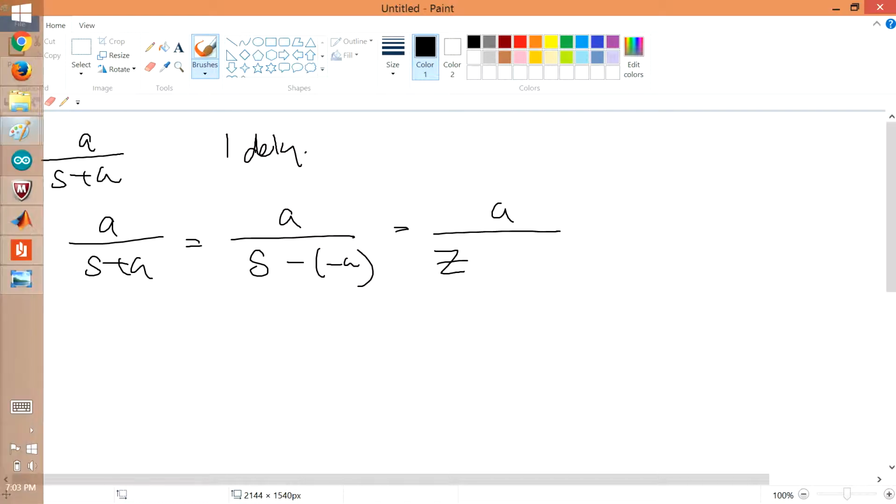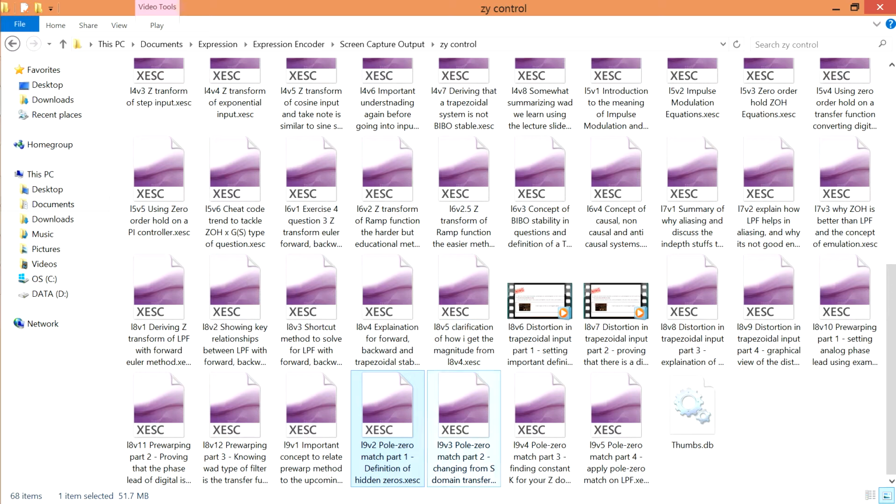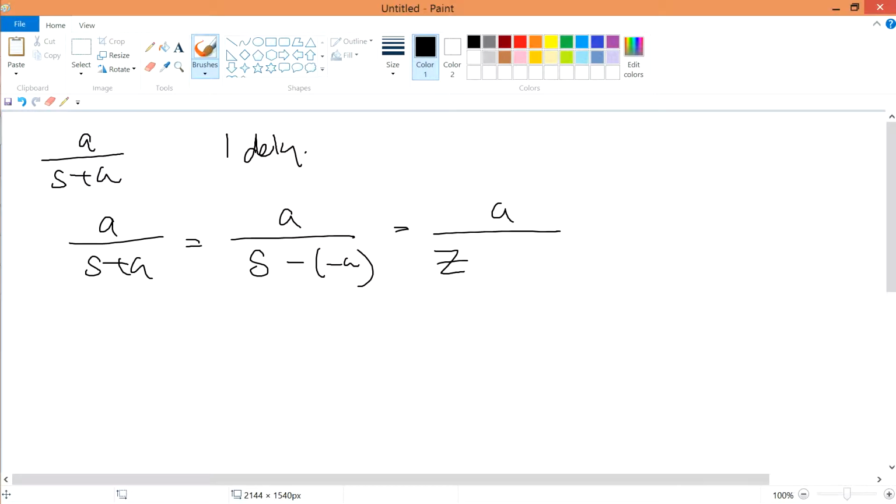The definition comes from l9v3, I think. So if you don't understand, you watch l9v3, or I suggest you watch all these videos first, and then after that you can go on to what we're going to do now. Next, minus A. Now this particular step is where I officially transform from the S domain to the Z domain.